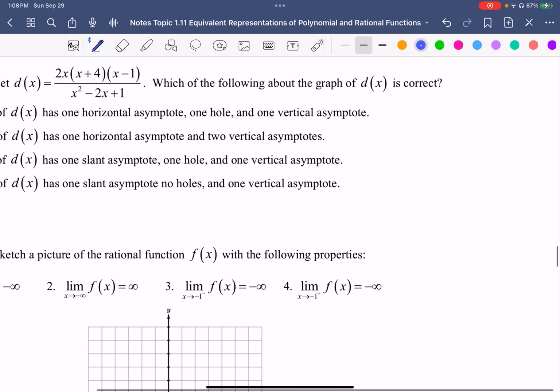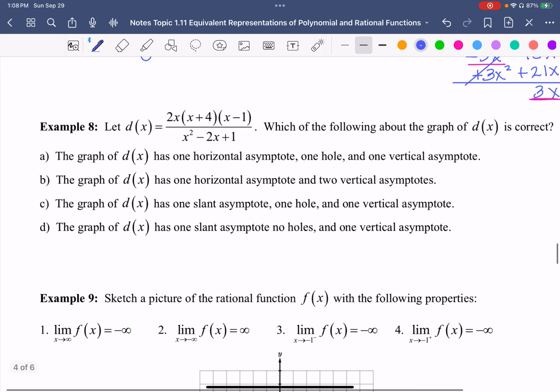Before you find the holes and the vertical asymptotes, though, you do need to factor. So the numerator is already in factored form. I can tell because it has the parentheses, but the denominator is not factored, so I will need to factor that one.